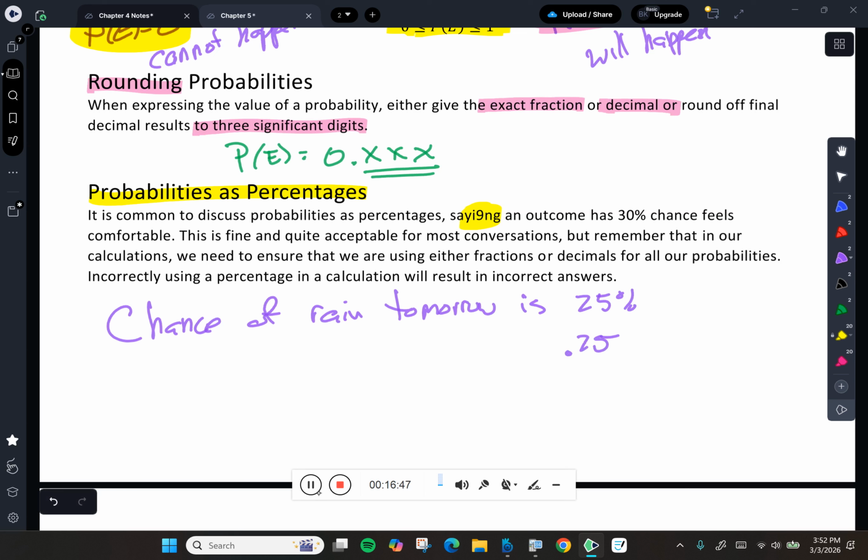While both of these are legitimate ways to represent probabilities, I could even go as far as saying 1/4.